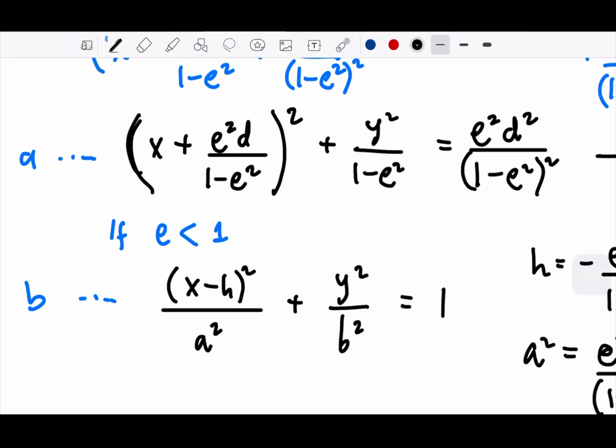If e is equal to 1, this will be 0, and it's just something times x squared with a constant. It's a parabola. Okay? Got it? So from here, this can be proven with e less than 1, equal to 1, and greater than 1. We can take out three possibilities, or three forms, of conic sections.